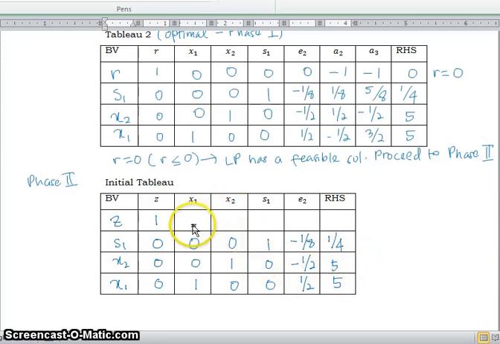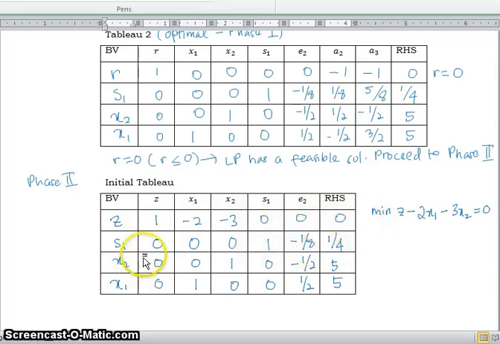For row 0, we fill in the coefficients of the original objective function: minimize z minus 2x1 minus 3x2 equals 0. So negative 2, negative 3, 0, 0, and 0.